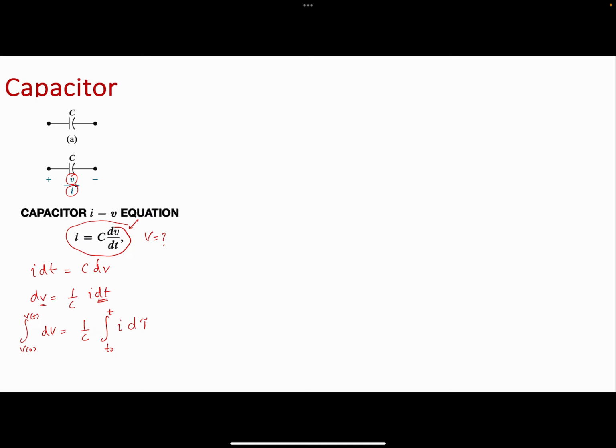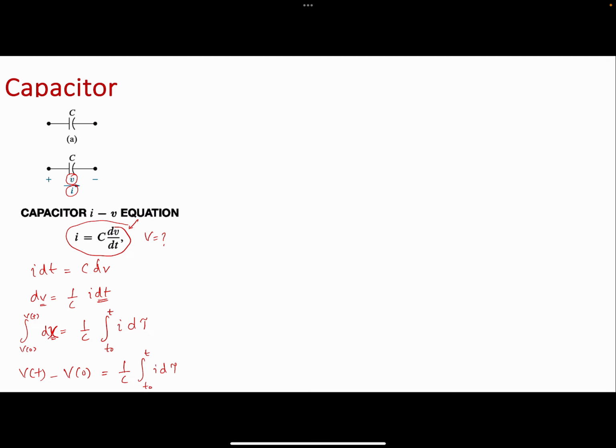And again, you can replace this tau with x or some other variable. So this comes out to be V of t minus V of 0 equals 1 over C, from t naught, the initial time, which can potentially be 0, all the way to t, of I times d tau.